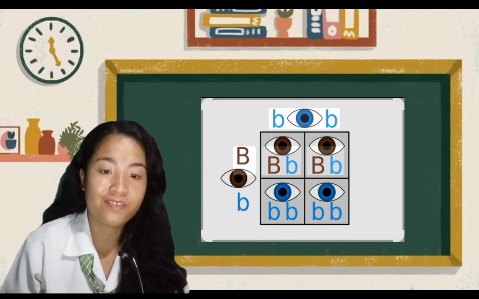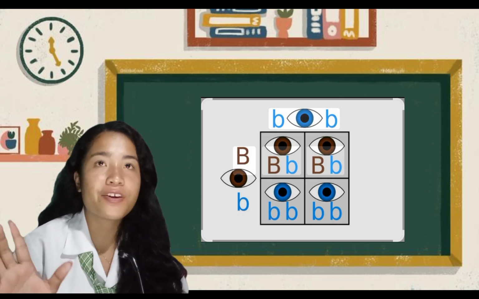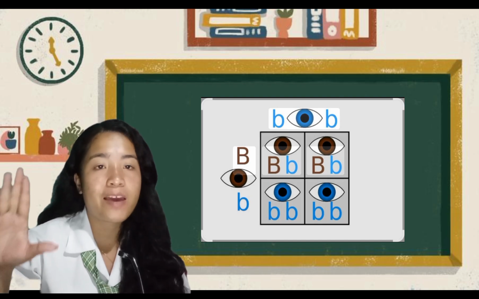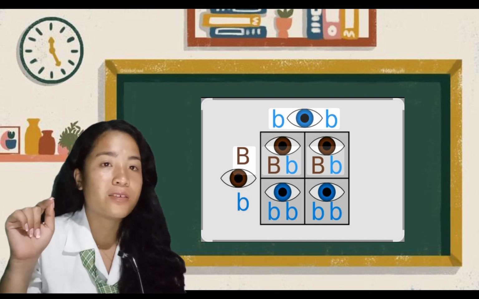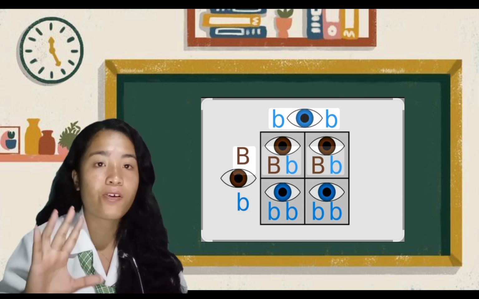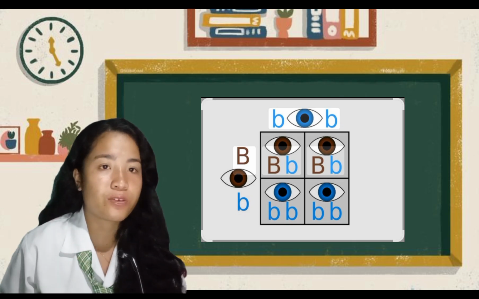For example, your father has blue eyes, represented by a big letter B, and your mother has brown eyes, represented by a small letter b, the recessive one. Let's combine it in a Punnett square.